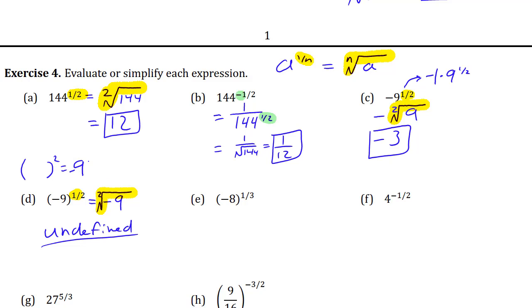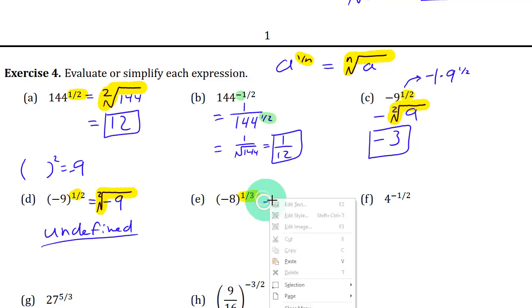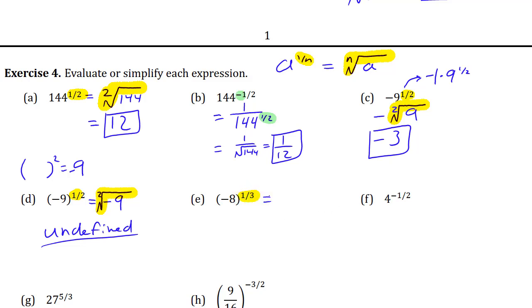What if it's negative 8 to the 1/3? Well, the 1/3 exponent, again, means the root is going to be a cube root. Like so. And so it's a cube root of negative 8. So what we want is something you can raise to the power 3 and get negative 8.